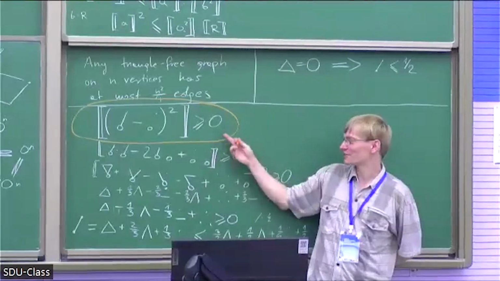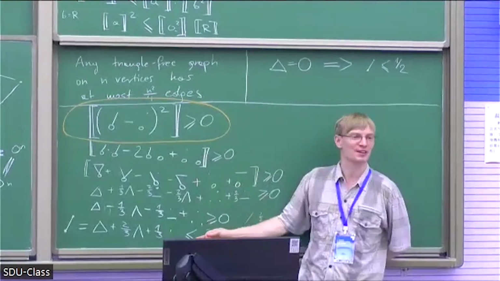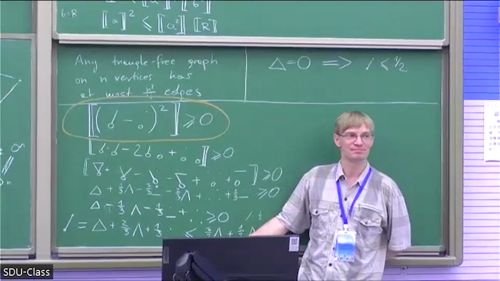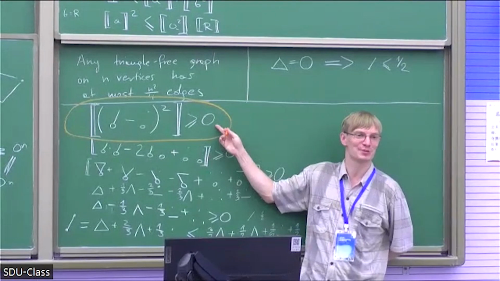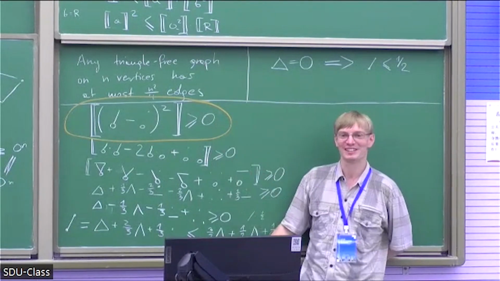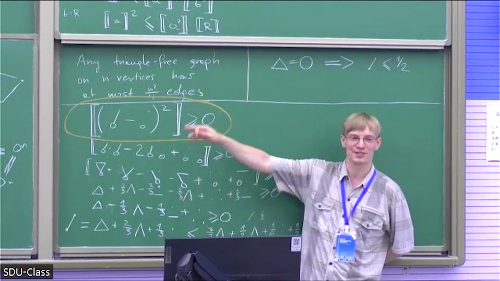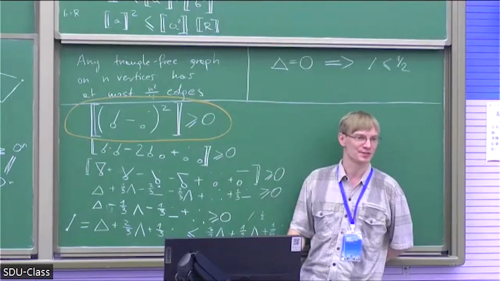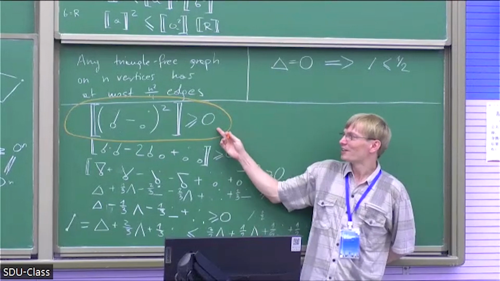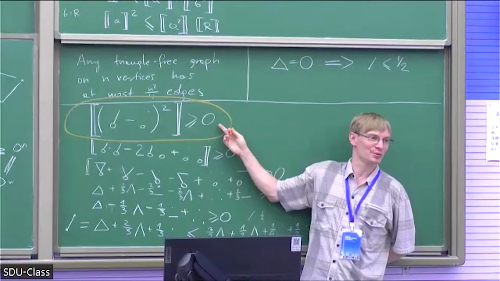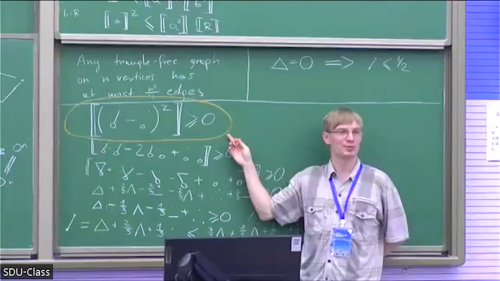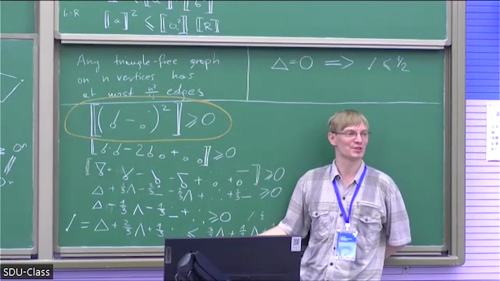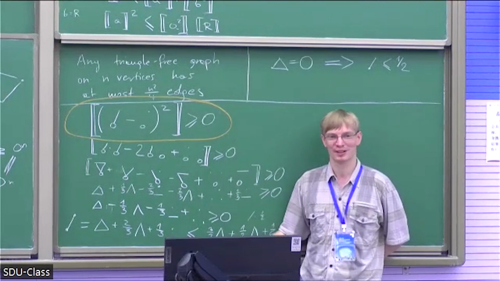Everything else was just mechanical calculations that could be done by a computer. And then this reasoning of taking a blow-up of a counterexample is standard reasoning. So if you have an idea how to come up with the starting inequality, then you basically have a proof. This was the only place which is not mechanical.